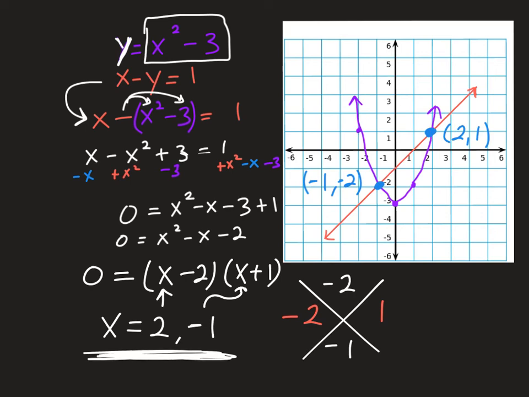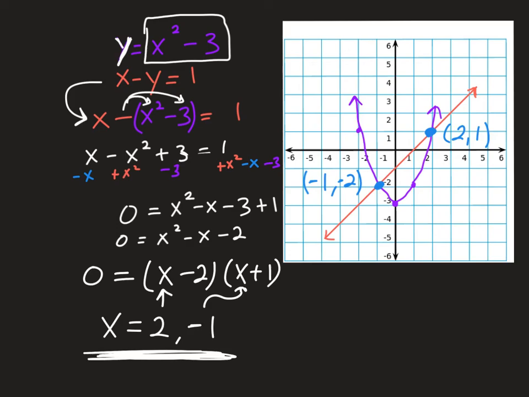But before we move on and get too excited, let's compare that to what we got when I looked at the graph. When I looked at the graph, what were my solutions? Negative 1, negative 2. Well, remember, negative 1 was an x value. That's why I have negative 1 for an x value. And over here, I have the coordinate point 2, 1. Well, 2 is an x value.